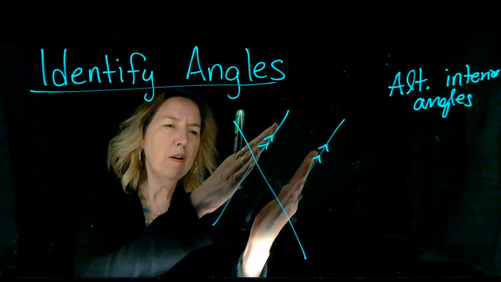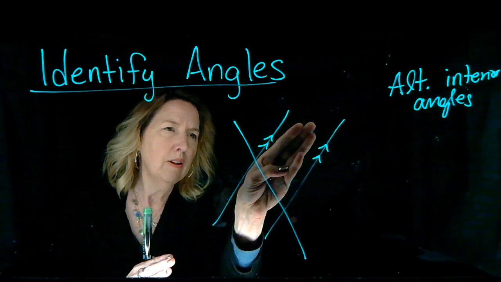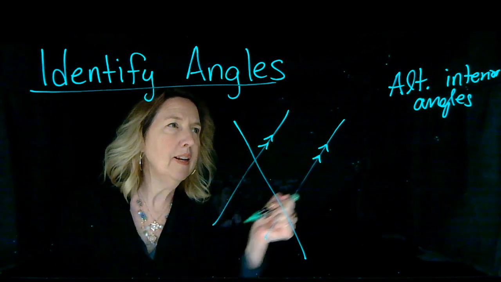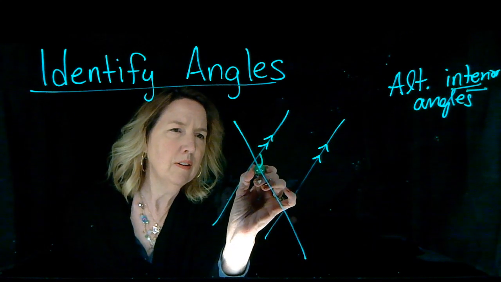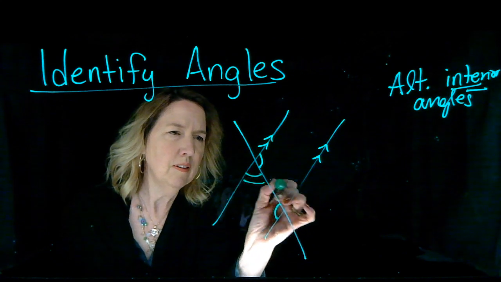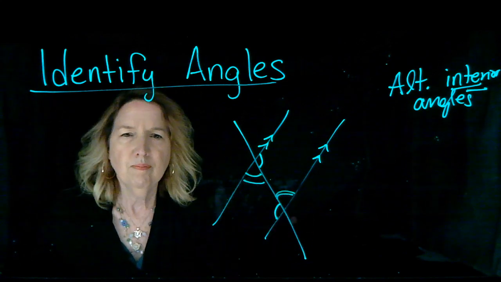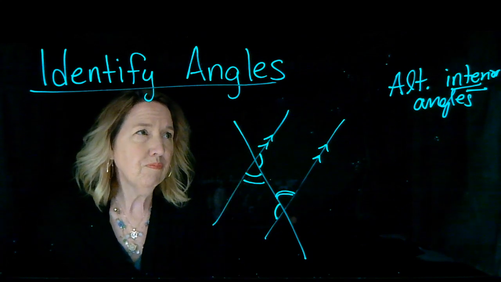If these are the parallel lines and the interior is here, the interior angles are this one and this one, and that one, because they're in the interior.